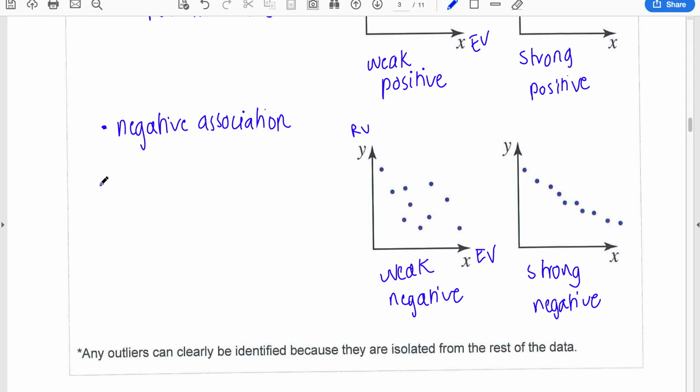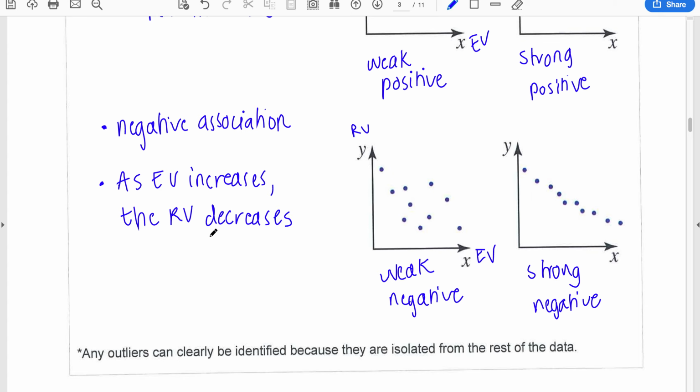So in other words, as the EV increases, the RV decreases. It's going in a different direction. The only difference between that one and this one here is, again, the clustering. So you'll see this one resembles much more of a straight line. So we say that is a stronger relationship.